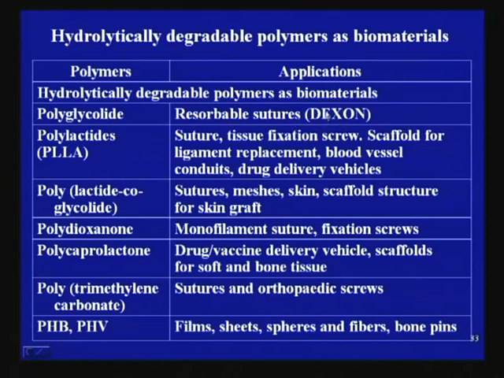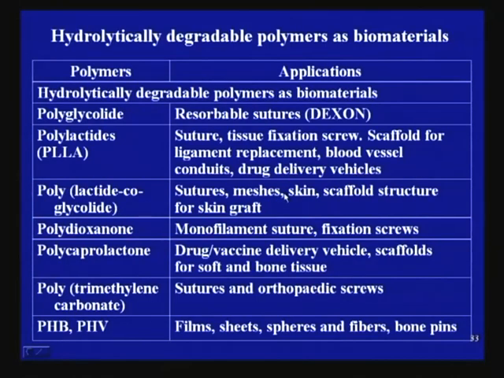Dexon is the trade name of this suture. Fully absorbable suture, it need not be removed after healing of the wound. Polylactides: suture, tissue fixation screw, scaffold for ligament replacement, blood vessel conduits, drug delivery vehicles. It is a copolymer, lactide and glycolide copolymer.